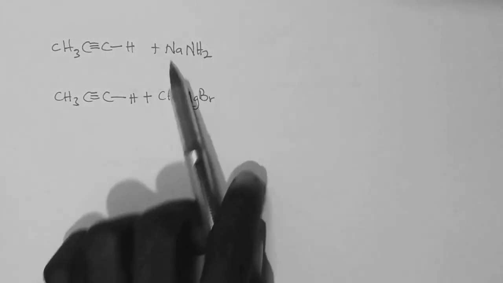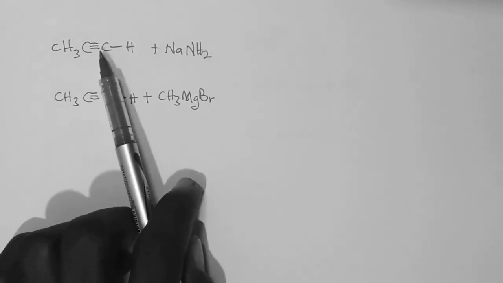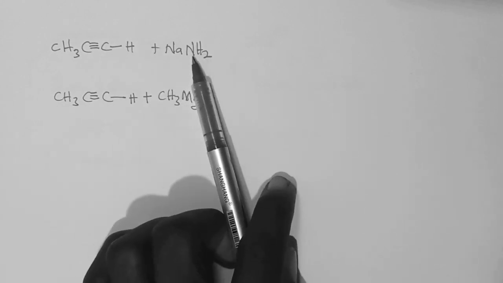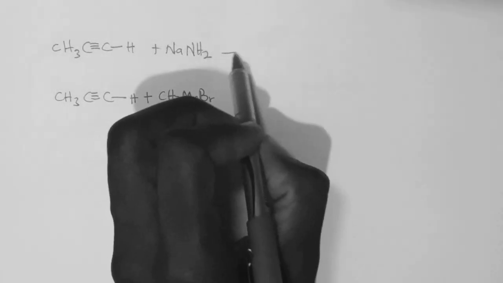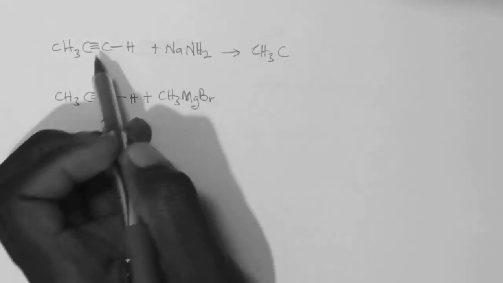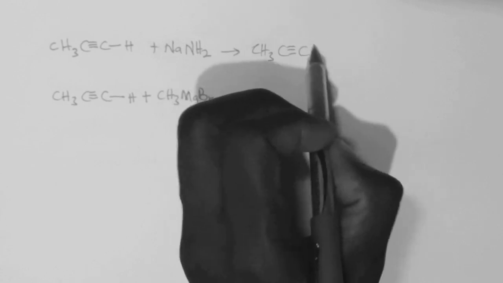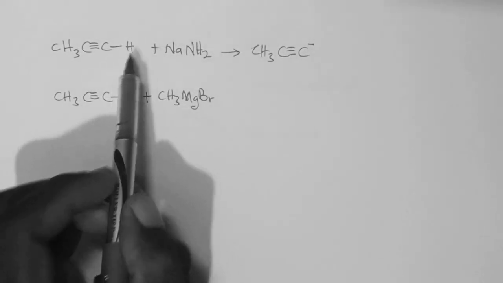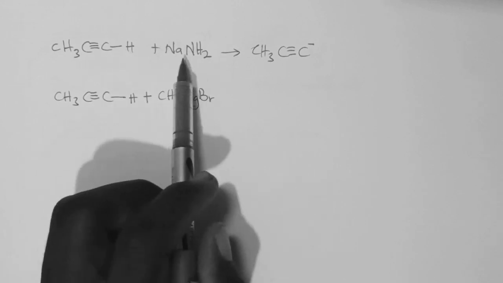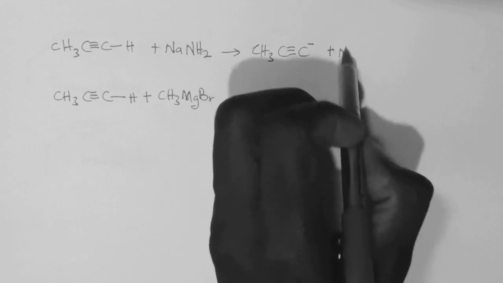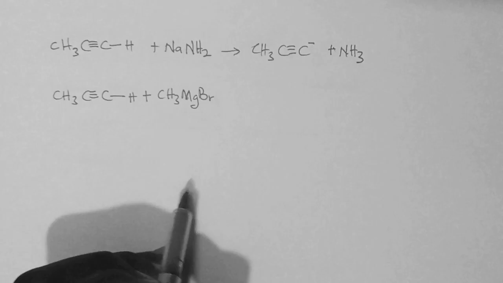Let's consider these two reactions. If you have a terminal alkyne and you put in a strong base, you are going to form a carbanion. The terminal alkyne can easily lose this proton because it is highly acidic, giving you this carbanion and ammonia in this case.